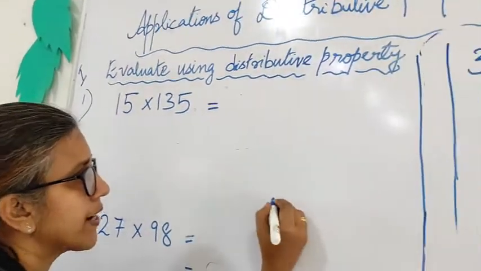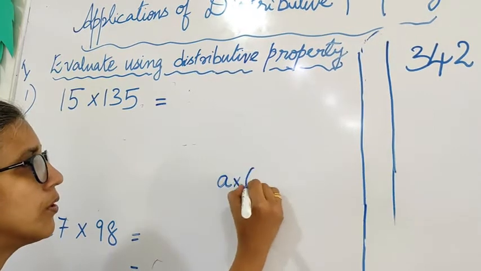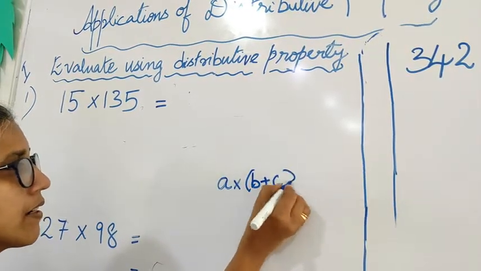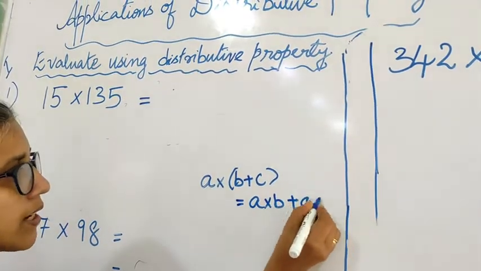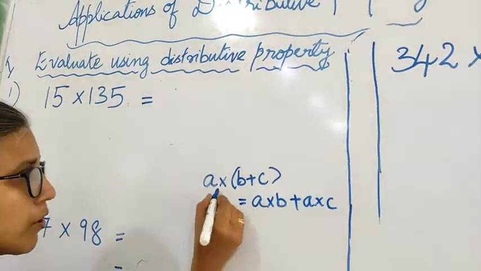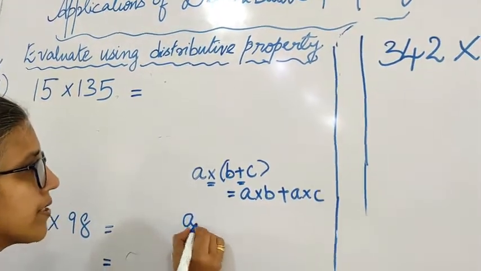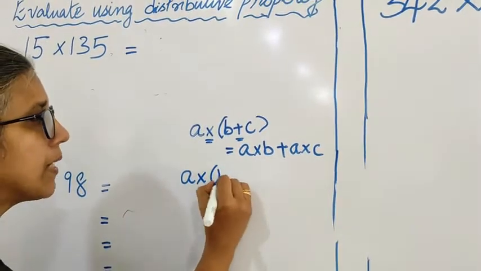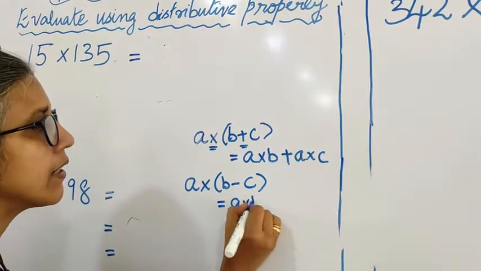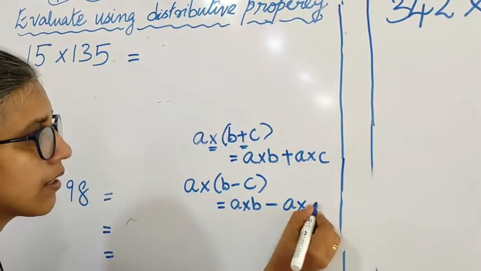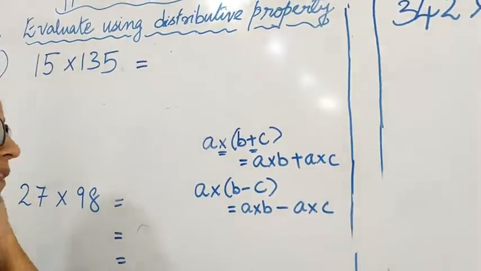I am just writing that for addition it is A into (B plus C) is equal to A into B plus A into C. This is distributive property of multiplication over addition. Now secondly, we have studied A into (B minus C), which is equal to A into B minus A into C. This is distributive law for multiplication over subtraction.